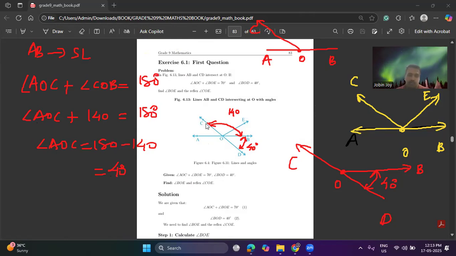So this angle is 40 degree. Our aim is to calculate BOE, this angle, BOE.